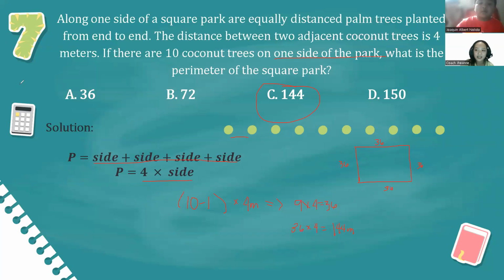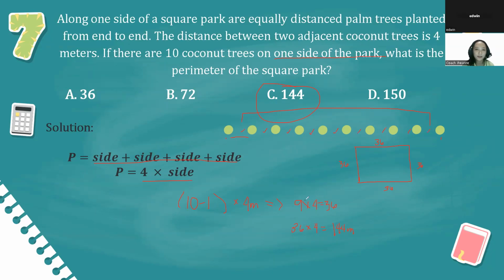Why minus 1? Because we wanted to solve the distance between this tree and this tree. And as you can see here, let's count. There are 9 spaces between them. Let's count: 1, 2, 3, 4, 5, 6, 7, 8, 9.